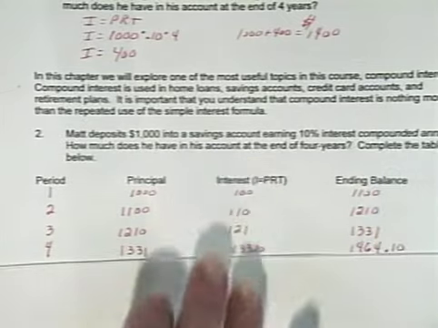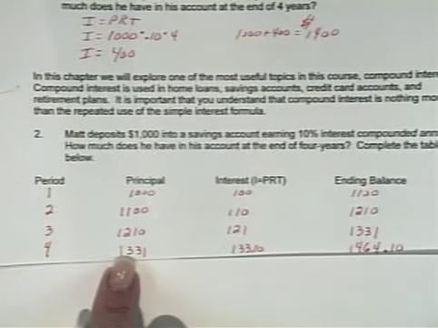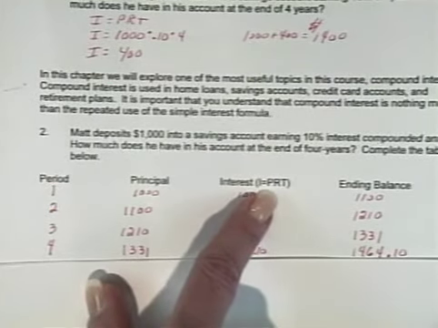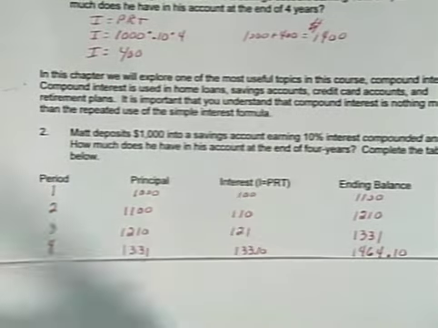End of the fourth year. Going into the beginning of the fourth year, the principal is $1,331. I once again calculate interest. It's I equal PRT. The principal keeps changing. The principal keeps increasing. Therefore, the amount of interest earned each year keeps increasing.